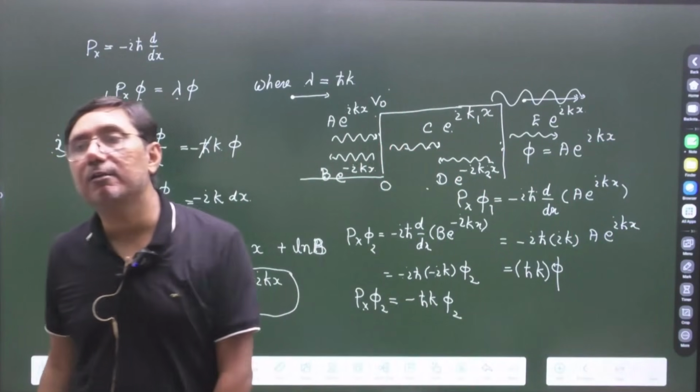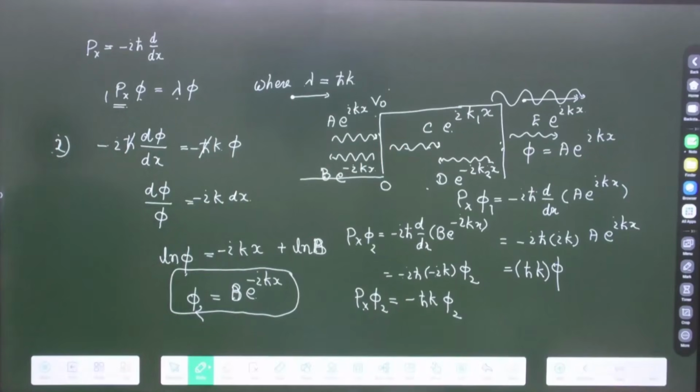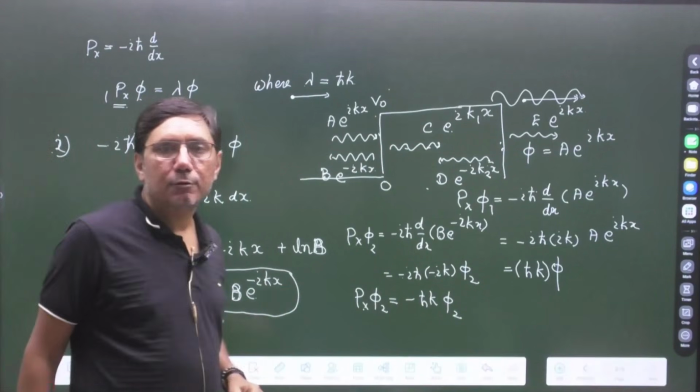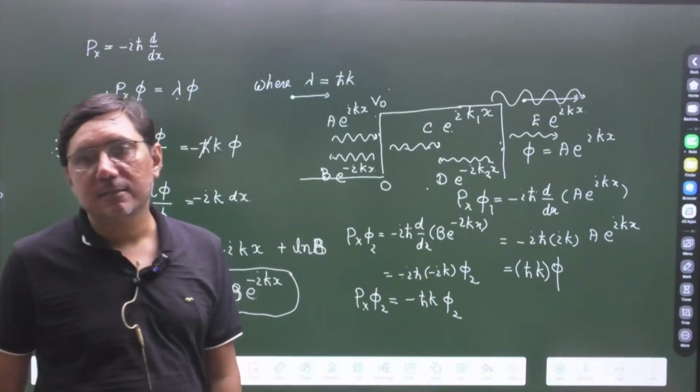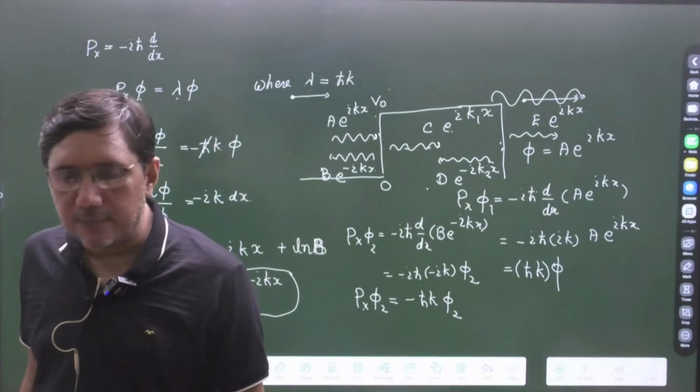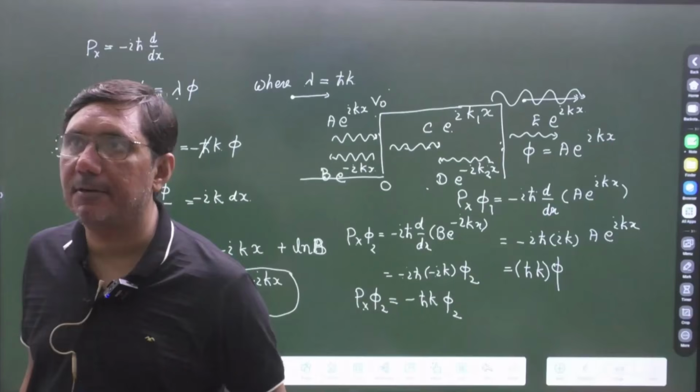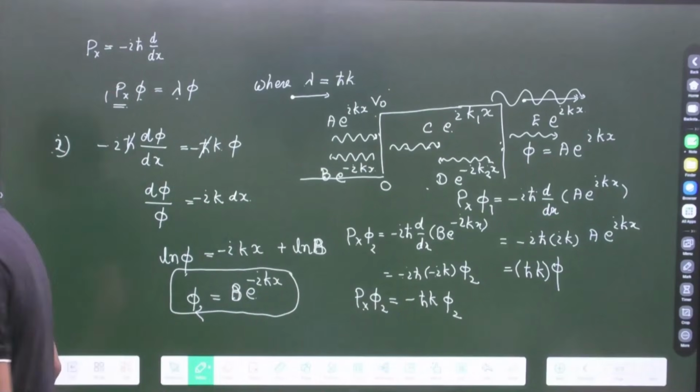So in this way you can write down the wave functions in different regions later on in 1D problems. So these are called phi 1 and phi 2. You can write that phi 1 and phi 2 are the eigenfunctions, the eigenstates of the momentum operator.